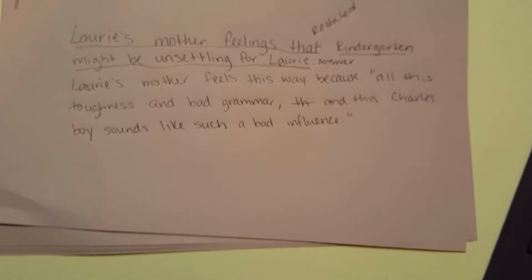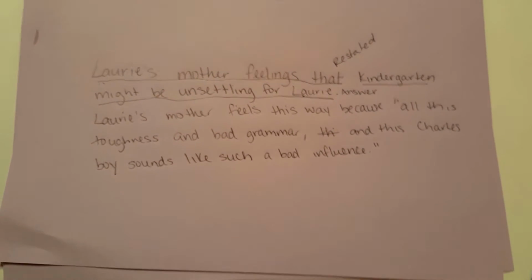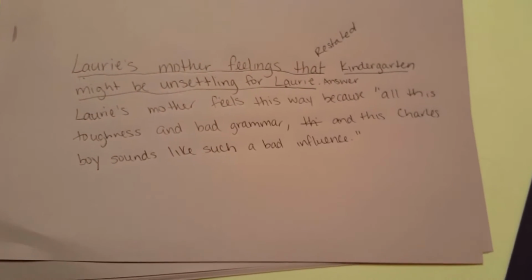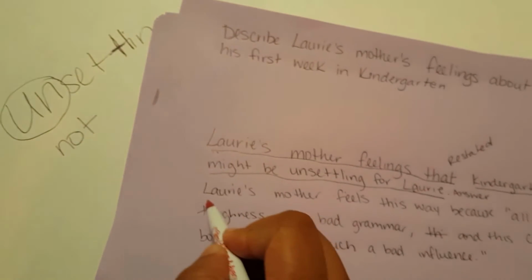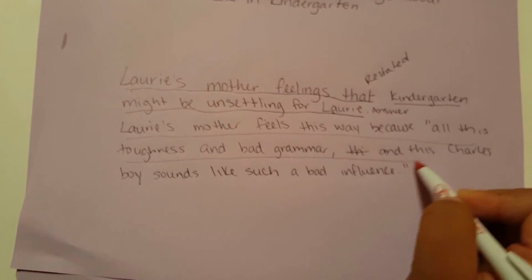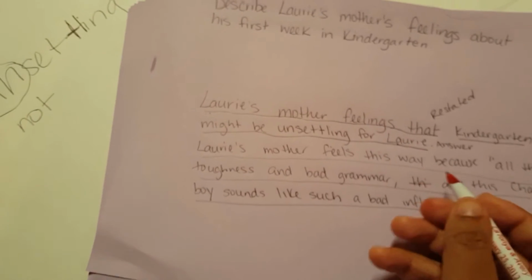So we answer the question. First we have to restate the question. Lori's mother feels that. And then we answer the question. Kindergarten might be unsettling for Lori. And then we cite evidence from the text that supported what we said about the answer.